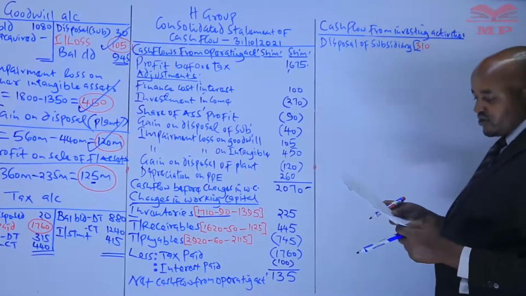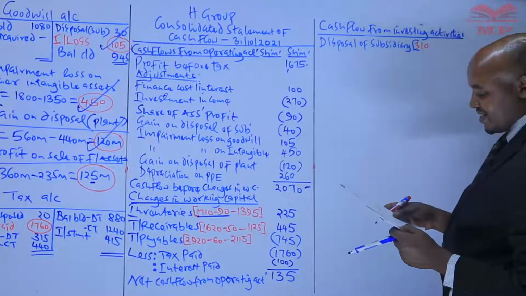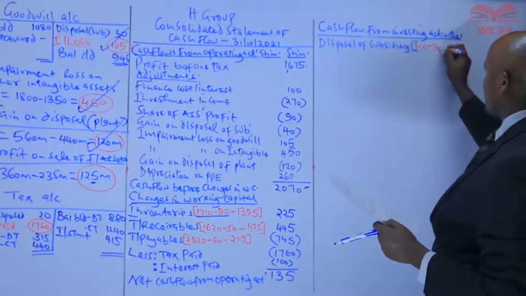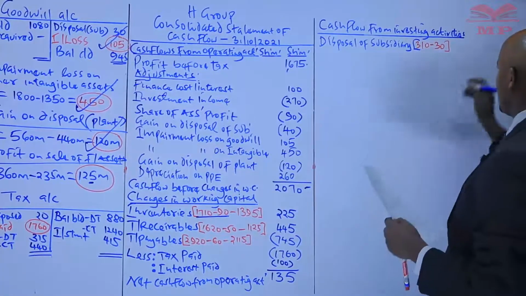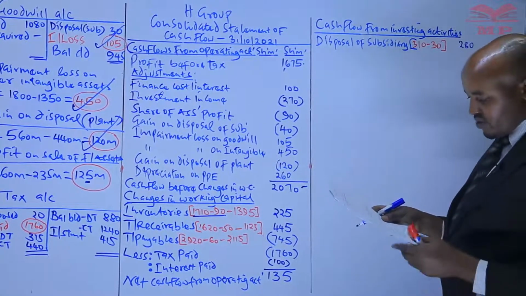But the parent company received 310 while disposing a subsidiary which had cash of 30. So the net cash inflow was 280. That's what we have there.